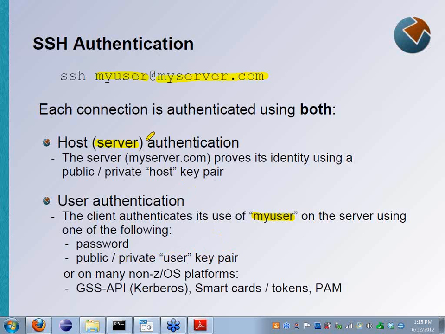If you look at host authentication with SSH, you always use a host key pair. For user authentication, you might use a password, but you can use a key pair. Now, you might ask, which one of these happens? Can I do one or both or the other? Can I just do user authentication, or just host authentication? The answer with SSH is no. You always do both. You always do host authentication and user authentication.